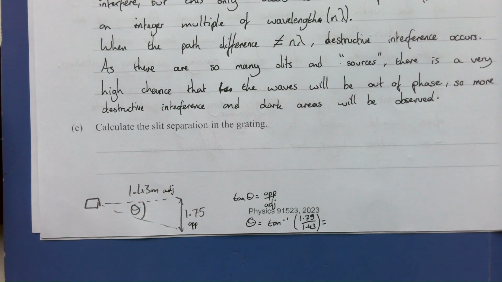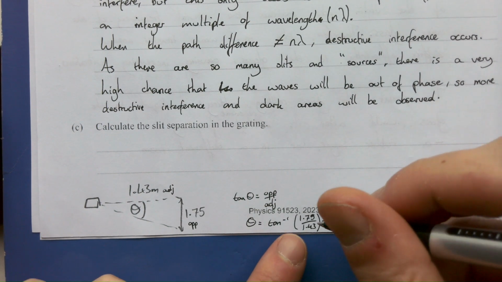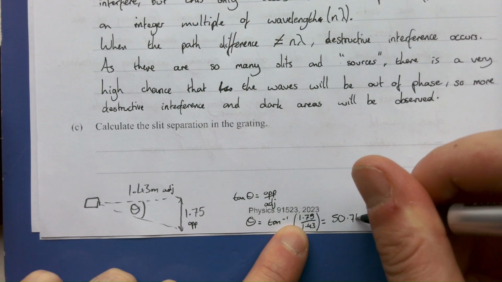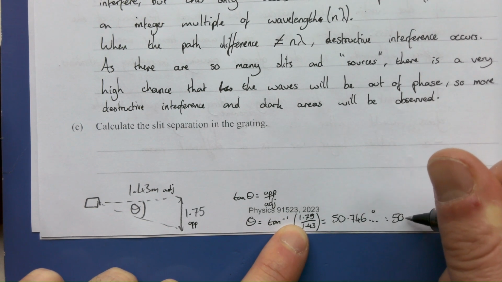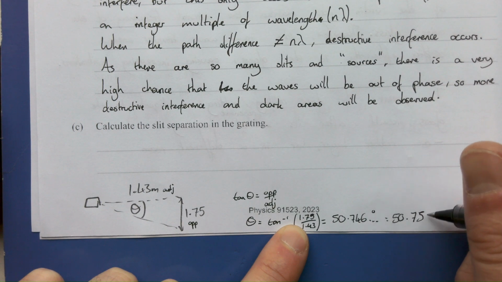If we do that, being careful to use your calculator in degrees mode rather than radians, 1.75 divided by 1.43, tan minus 1, gives me 50.746 degrees, which equals 50.75 degrees.